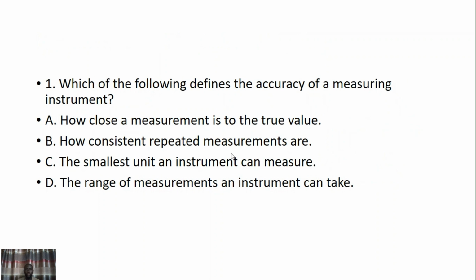A. How close a measurement is to the true value. That is correct. B. How consistent repeated measurements are. This is precision, not accuracy.